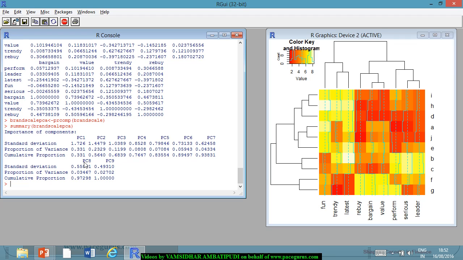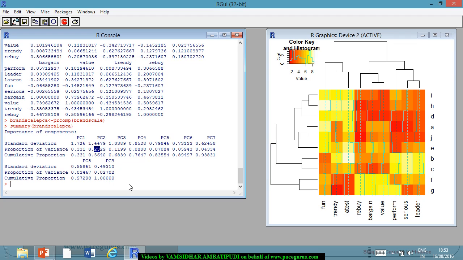Across all the 9 variables, the components are distributed. I could see now that 33% of the overall variance in my variables is captured by the first component.